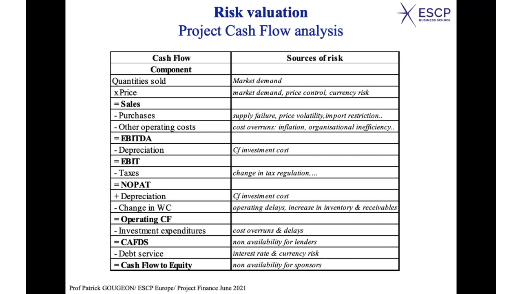Well, you know that these elements of the bottom line, the CAFDS or the cash flow to equity, are uncertain because all of the elements above are more or less uncertain. If you look at the quantities sold, it depends on the market demand, which is volatile. So you never know exactly how much you're going to sell. The price, you have some ideas about it.